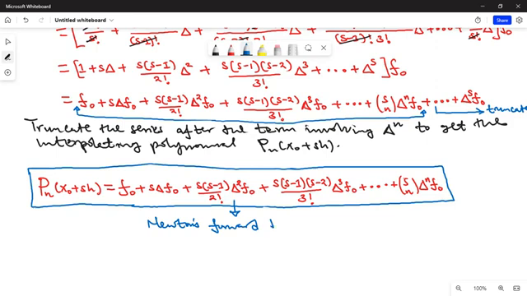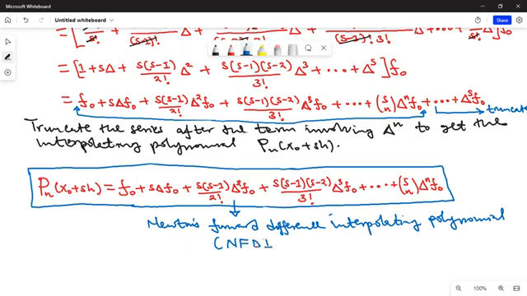We can abbreviate this as Newton forward difference interpolating polynomial, NFDIP. It is a polynomial of degree n, of course, in the variable s. That is our new variable s.